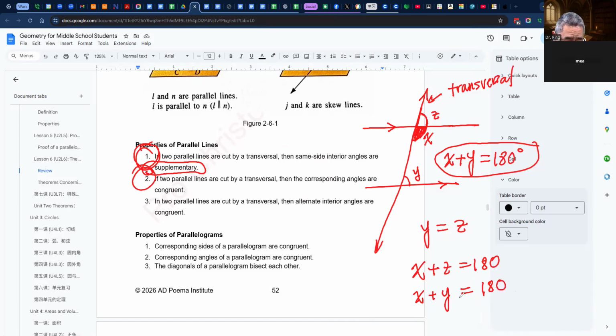If we subtract the bottom from the top, X cancels, and Z minus Y is 180 minus 180, which is 0. So Z is equal to Y. It makes sense because X plus Z is 180 and X plus Y is 180, so Z and Y have to be the same. Therefore, this is our second property: the corresponding angles are congruent. Good?